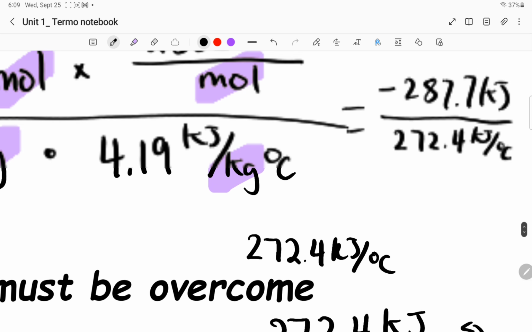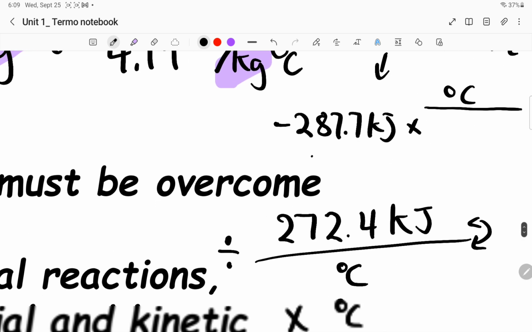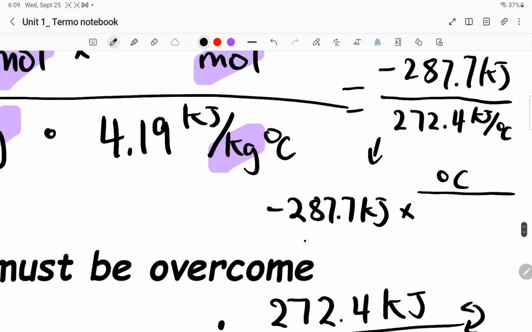What I'm trying to get at is that this is the same thing as saying negative 287.7 kilojoule times Celsius over 272.4 kilojoule.